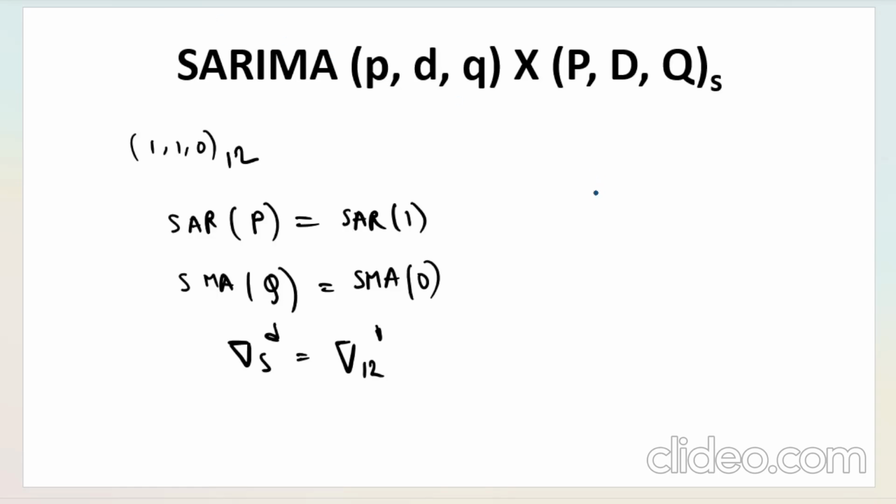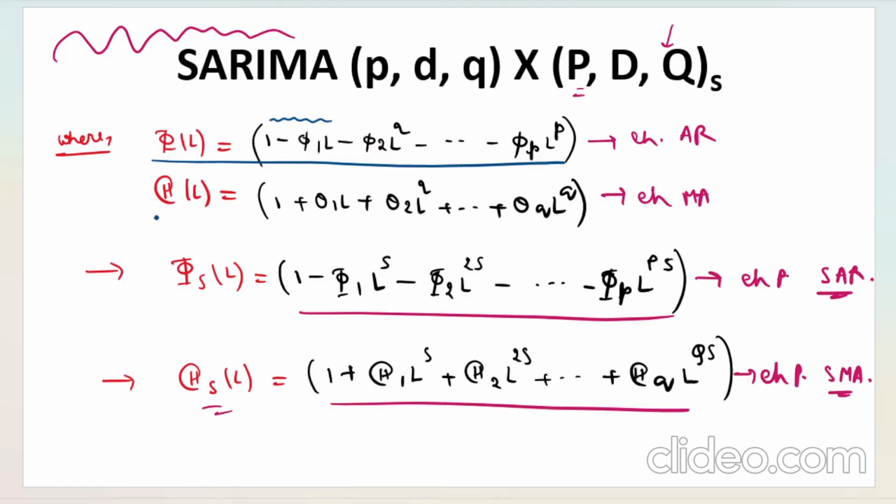Now simply find out what will be capital phi S L. Remember, P is 1 here. So again refer to this: 1 minus phi 1 L to the S, phi 2 L to the 2S. What will this be? Up till how much will we need to write?